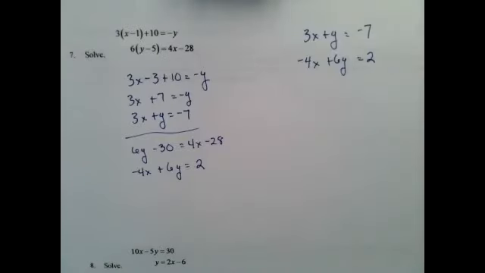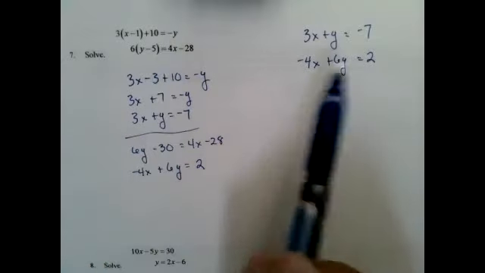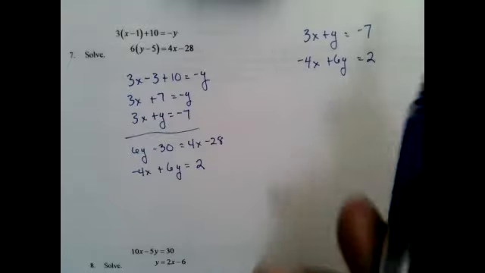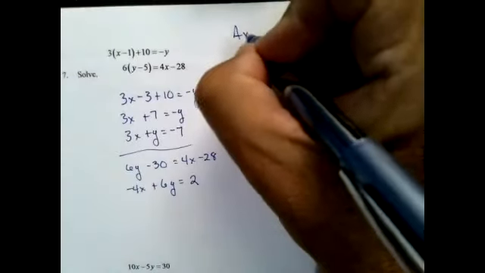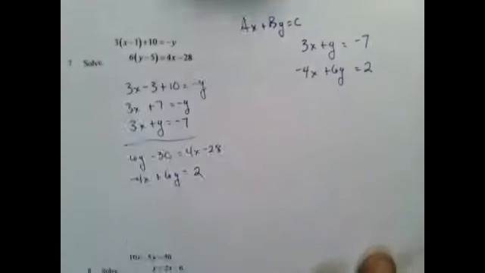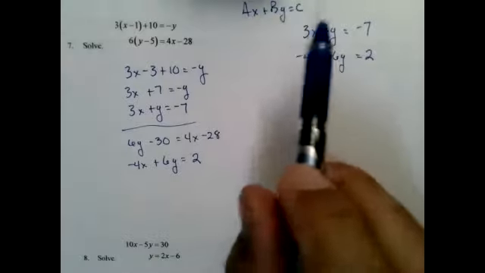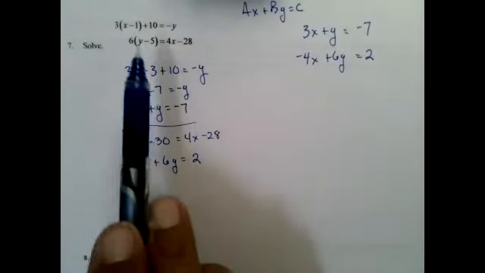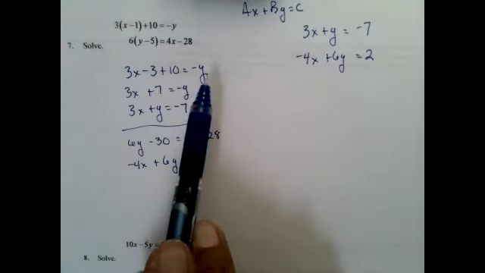So the first thing I did for number 7 is I got the equations into a better form, that x plus y equals c. And that actually has a name. That's standard form for linear equations. So we start out distribute. 3x minus 3 plus 10 is negative y.